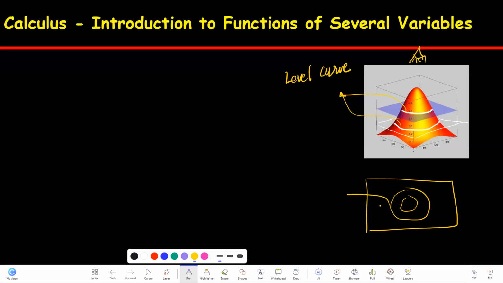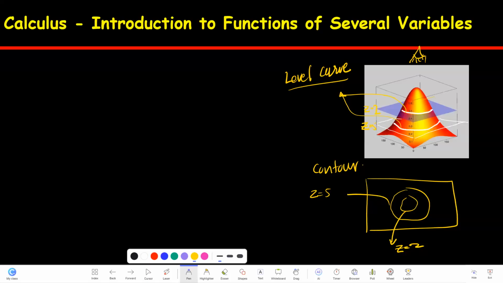You're going to say this is when z equals 5, this is when z equals maybe 2, and if you want z equals 1, you make another one on the top here and then cut it like that. Okay, you call it a level curve, and this thing is called a contour.